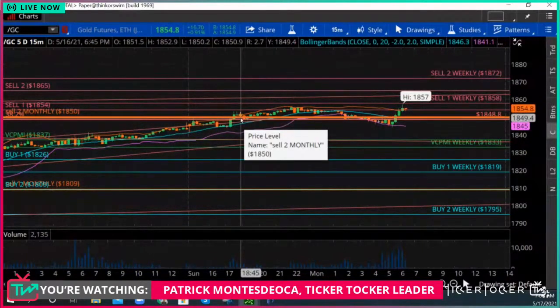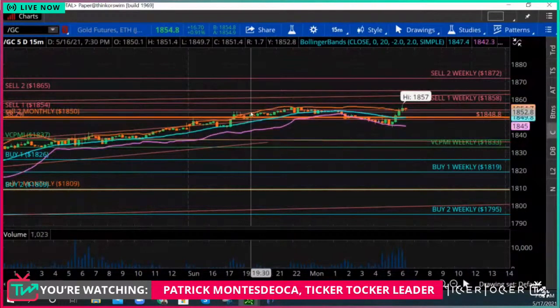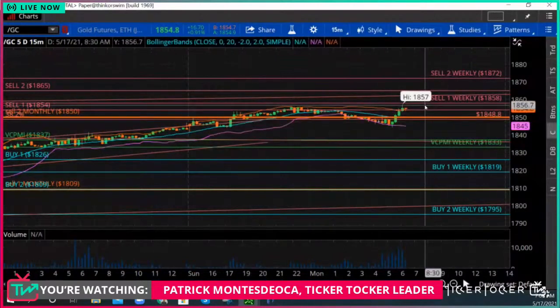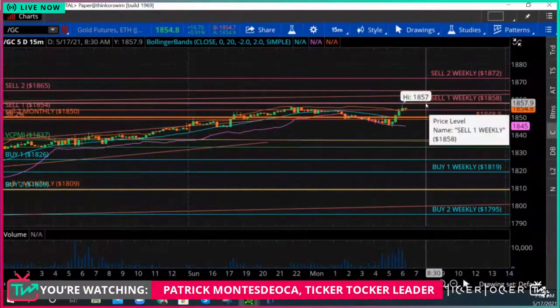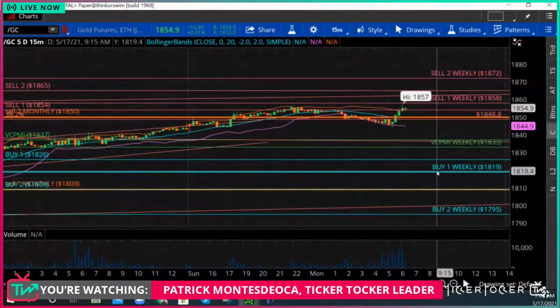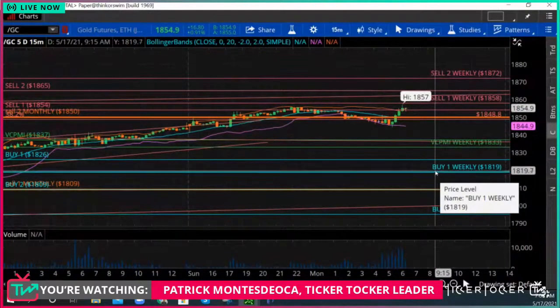In this case, it embraced the monthly target of 1850 and the sell one level of 1854, which is where we are right now. Above that, you're looking at the weekly 1858, which would complete the pattern on this weekly buy signal, or buy trigger.